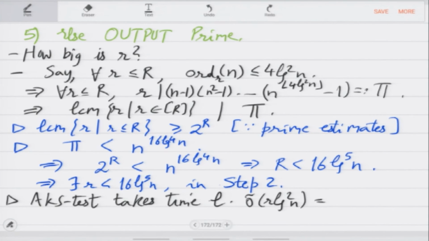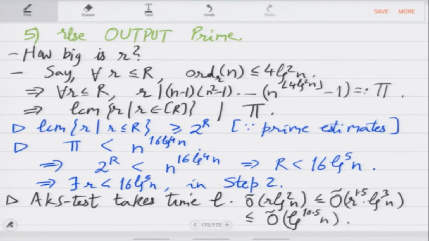So this is Õ(r^1.5 log³ n), and now you plug in log⁵ n for r here, so you will get log^10.5 n. Okay, so it's a very slow algorithm, but nevertheless it is polynomial time.